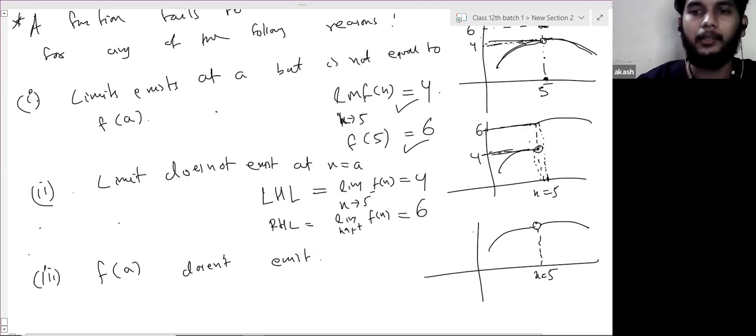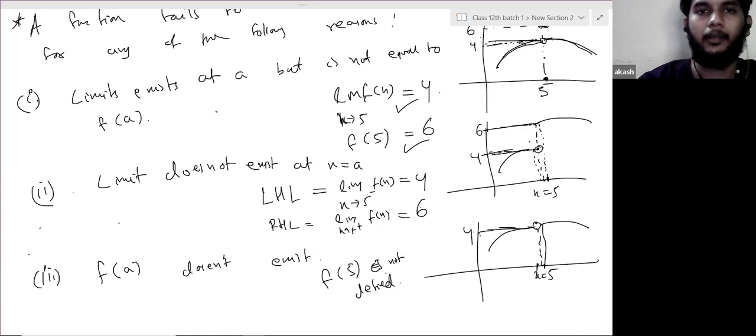But if you find the limit, then it may be 4. If you move slightly less than 5, then the graph is there, which is 4. If you slightly move to the right side, the graph is there, which is 4. So limit exists and is 4, but the graph is not there at 5. So f of 5 is not defined. Then we can say the graph is discontinuous. All right. Very simple. Note it down.